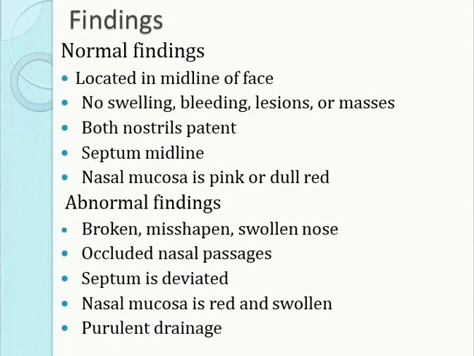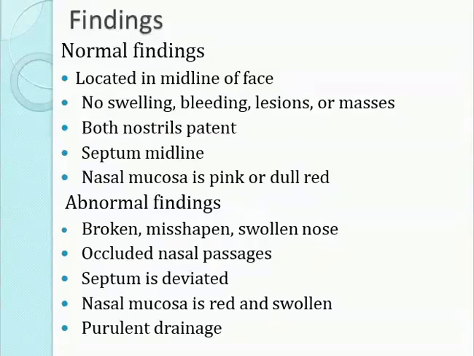Normal findings of this assessment involve nose is located in the midline of face, no swelling, bleeding, lesions or masses present, both nostrils are patent and septum is midline, nasal mucosa is pink or dull red in color.